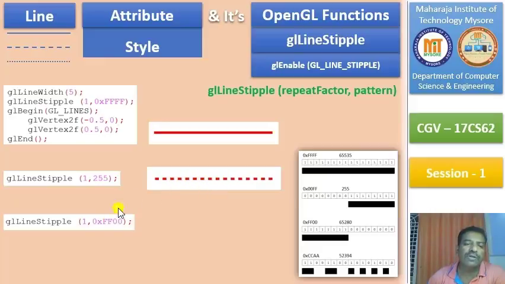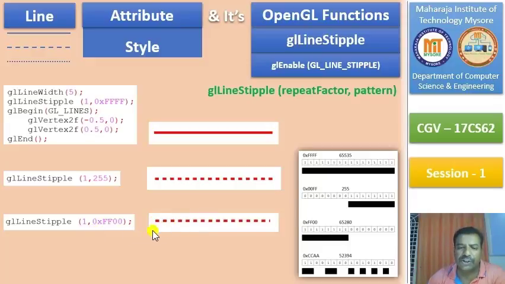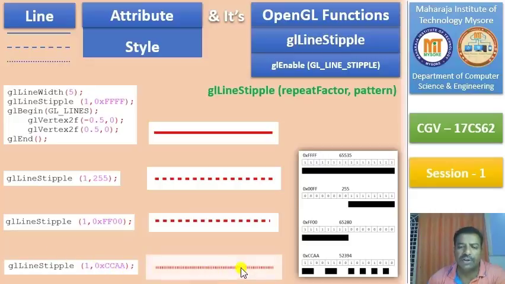Now in the GL line stipple function, I'm passing a different value, FF00. In this case I'm going to have the same output, but if you observe, now I'm going to start with off state, then on state. And if I pass the value as CCAA, this is the pattern I'm going to end with. So this is the pattern I've set.